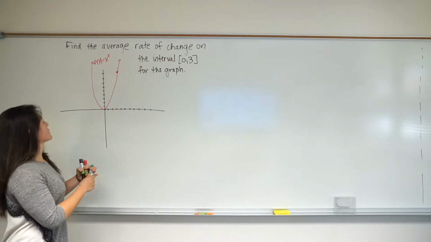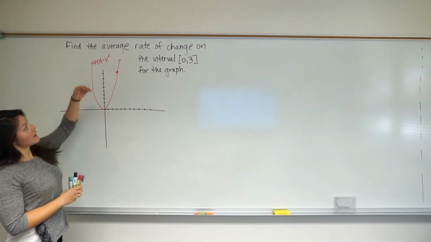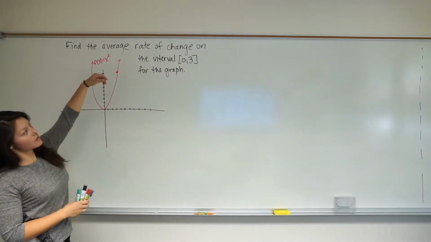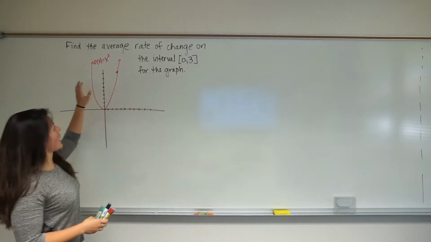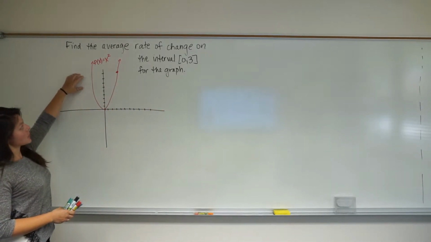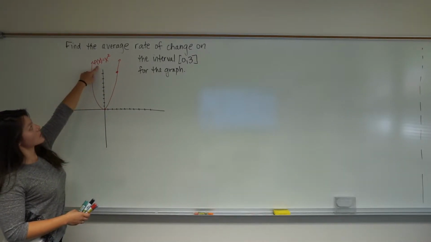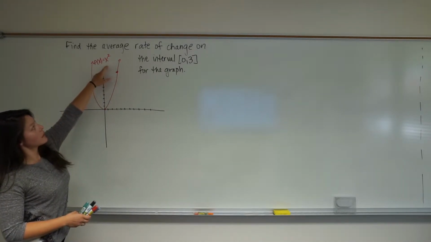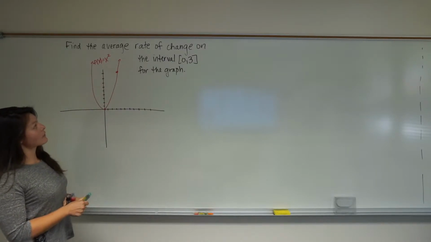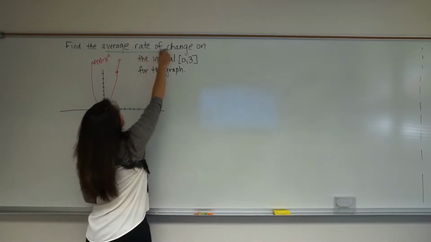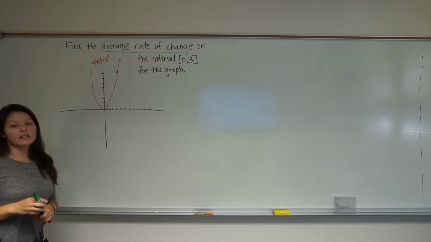Okay, so let's look at another example. We're asked to find the average rate of change on the interval 0 to 3 for this graph that's given to us here. So we're given a graph. The red curve is given to us by the function f of x equals x squared. And if we're asked to find the average rate of change, remember average rate of change is the slope.